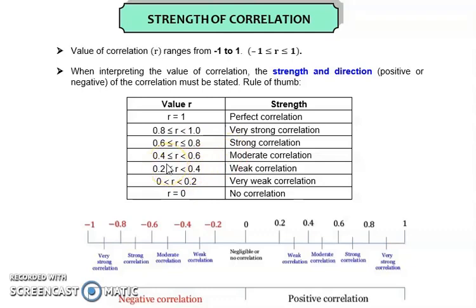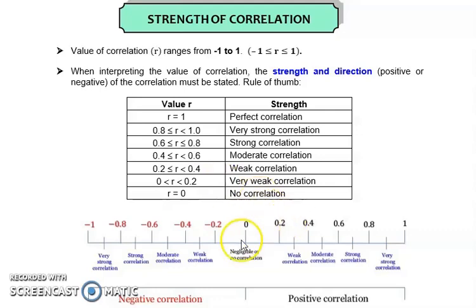Between 0.4 but less than 0.6, a moderate correlation. Between 0.2 but less than 0.4, a weak correlation. More than 0 but less than 0.2, a very weak correlation. And last one, if r is exactly equal to 0, it means there is no correlation between the two variables.